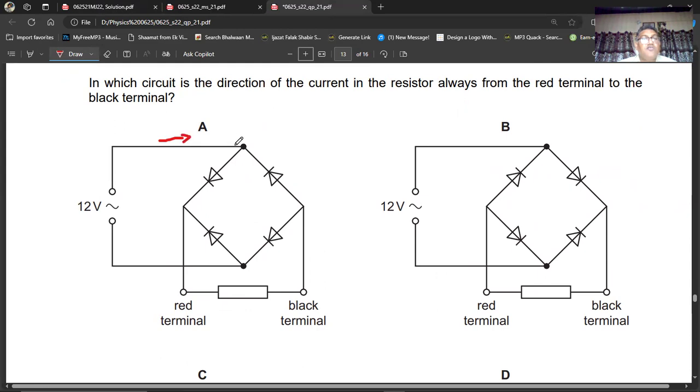It cannot go in this direction, so it will have to go in this direction. Then it cannot go in this direction because it's opposite to that arrow. So the current will go this way, and then it will go this way, red to black, and then it will go this way.